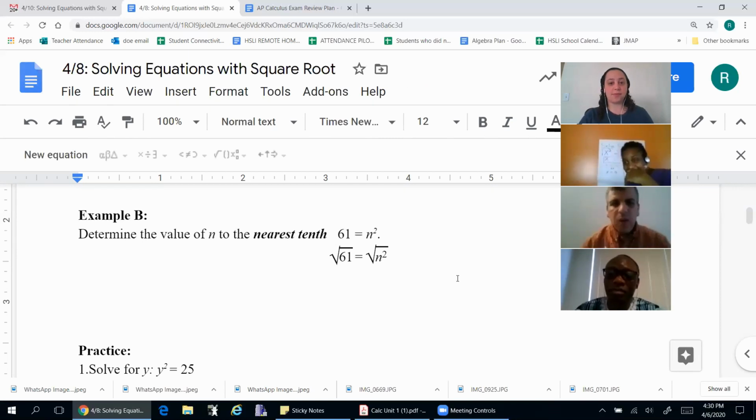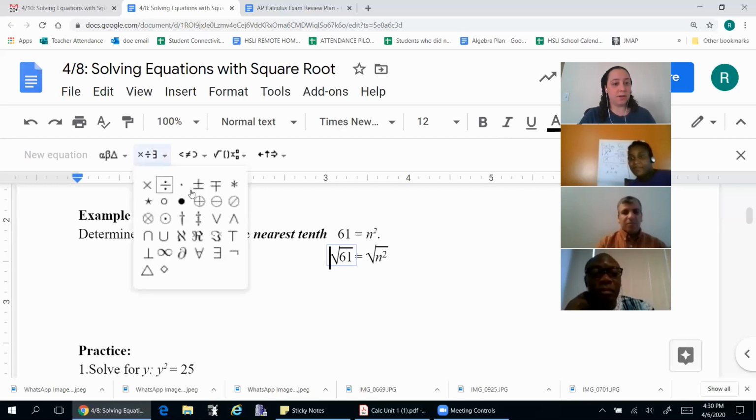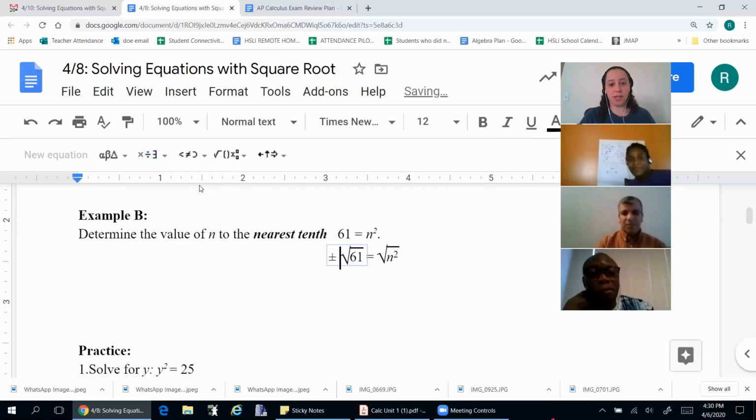Kids, are we missing something here? Oh yeah. Whenever we take the square root, I have to put plus or minus. So if I go here, I can get my plus or minus, because a square root always has two answers. So x squared will always have two answers.